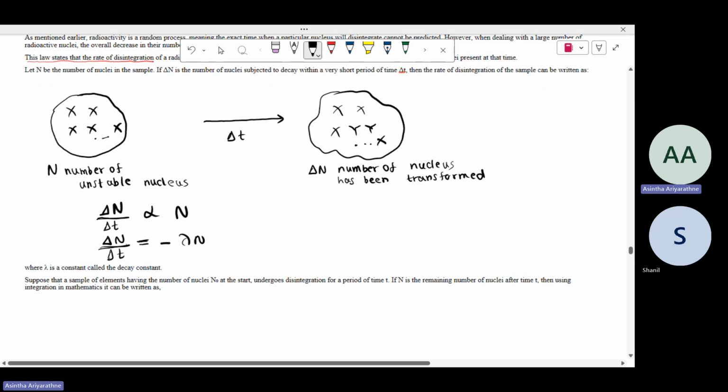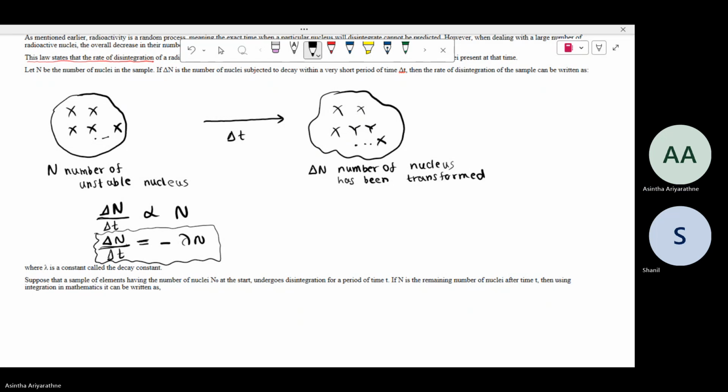Right? So finally we have this equation, the law of disintegration. Delta n over delta t is the rate of disintegration.